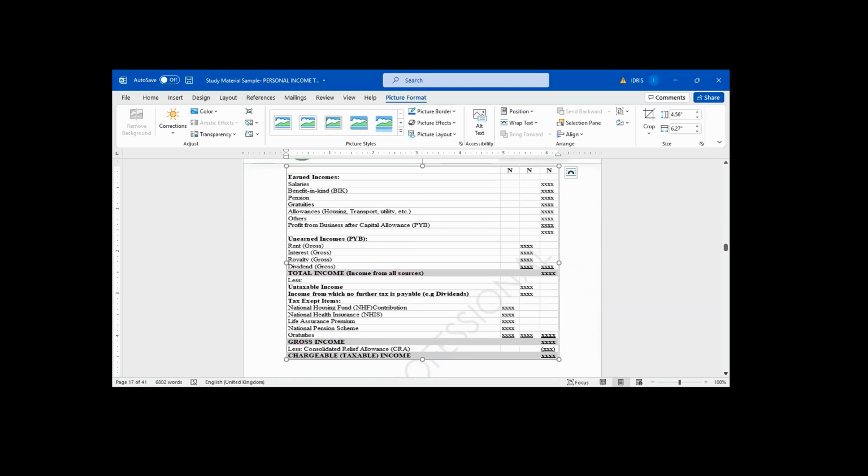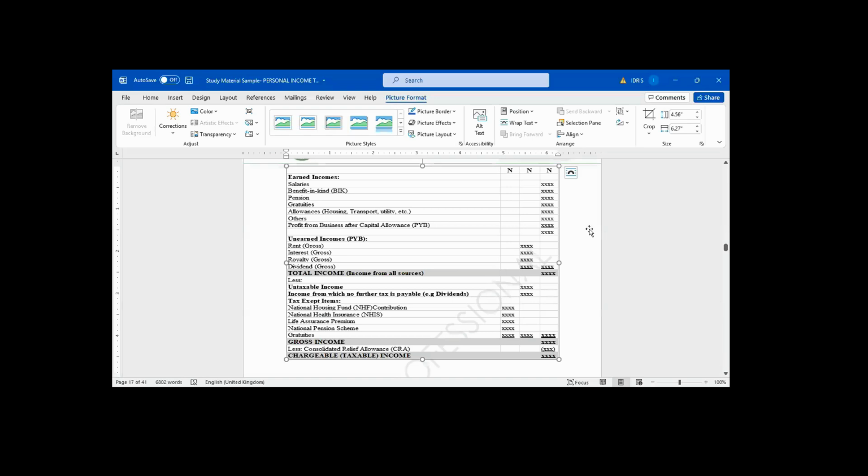Another tax exempt that we have is gratuity. If one of the employees is receiving gratuity from his old employment, it's a tax exempt. It's not going to be subjected to tax. However, when you want to use gratuity as a tax exempt, you will have used it as an earned income.